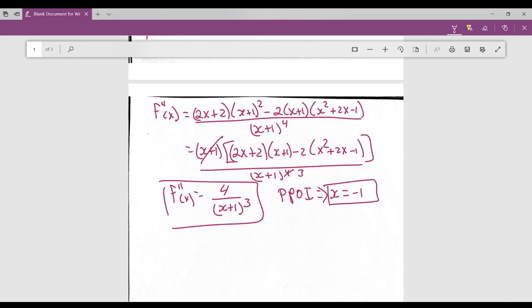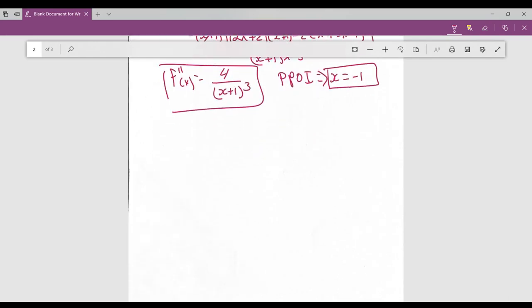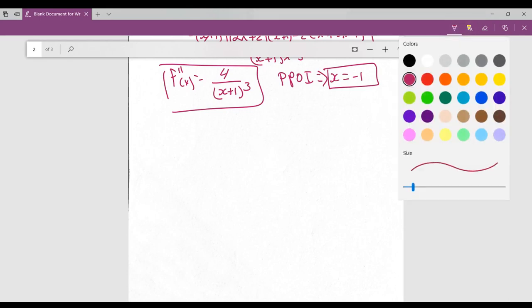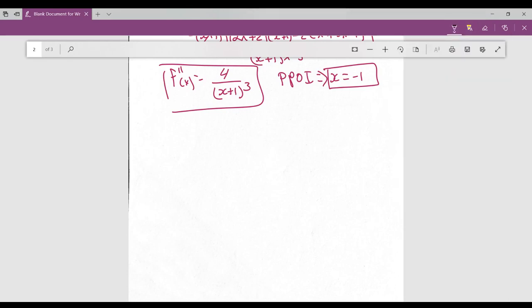All right. So then we make our little chart, our little number line.